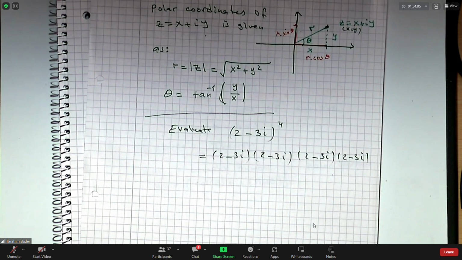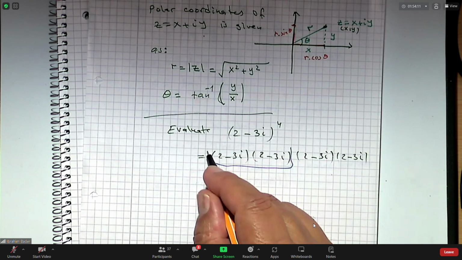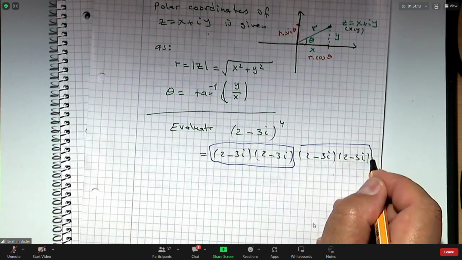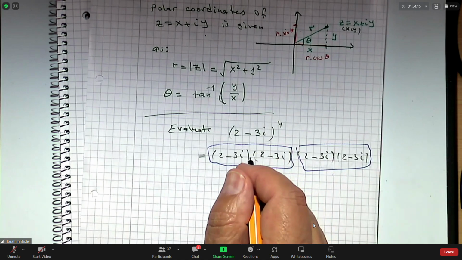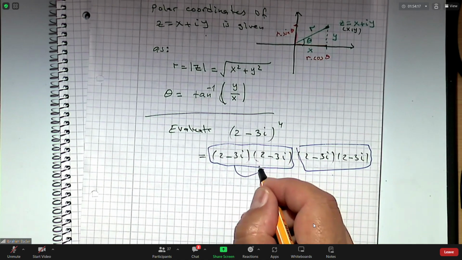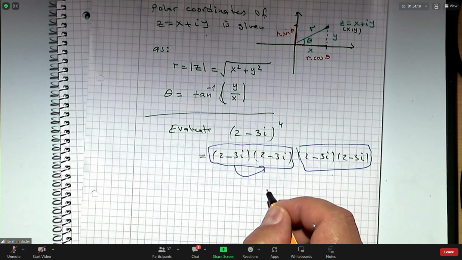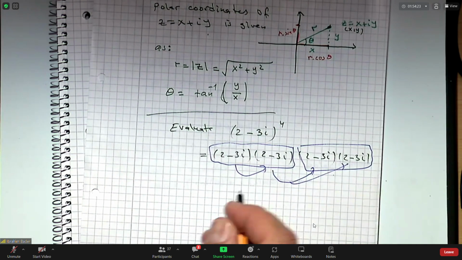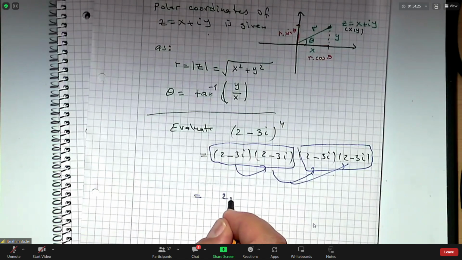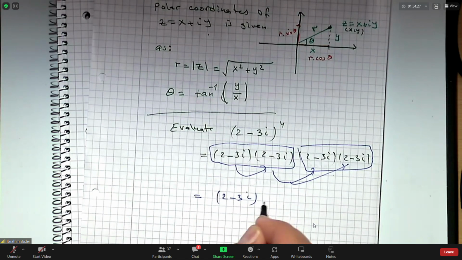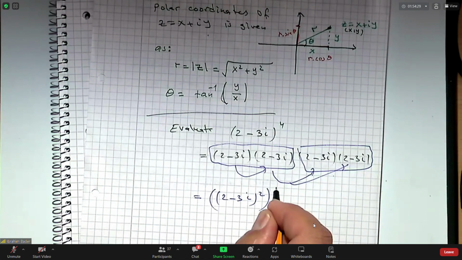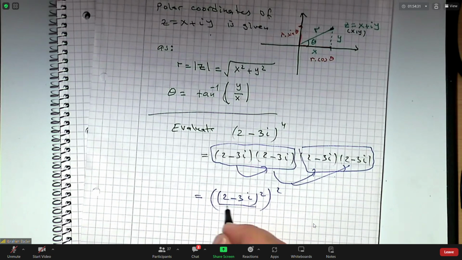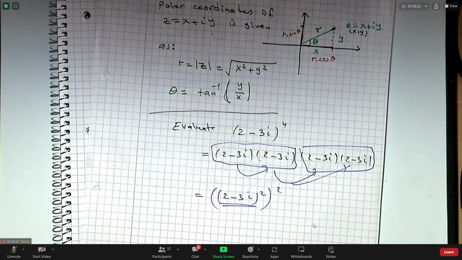Then you might use your IQ and say, well, this is a square. So you have, of course, the choice to multiply this out, once, twice, and then the result, another one. Or you might say this is equal to 2 minus 3i squared, all squared. Then you evaluate this amount and you square it.